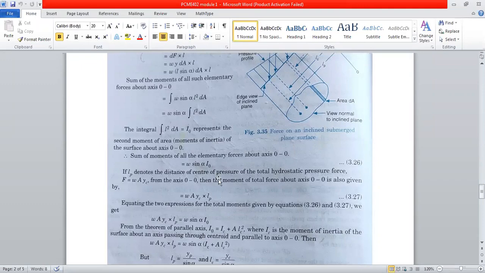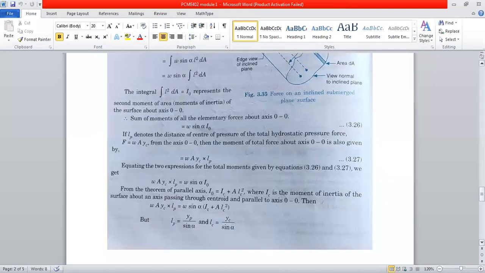Both are moments. From the parallel axis theorem, I0 equals IC plus A LC square. So WAYC into LP equals W sin alpha into IC plus A LC square.